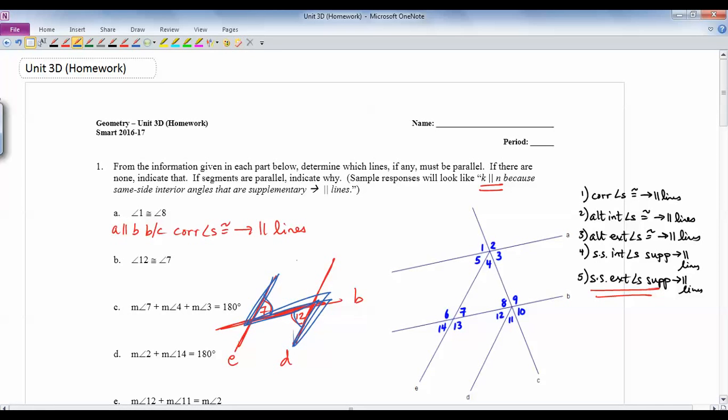So 7 and 12 are alternate interior angles. They're congruent, so we get parallel lines. It's this reason, number 2 over here. So E and D are parallel because alternate interior angles that are congruent give us parallel lines.